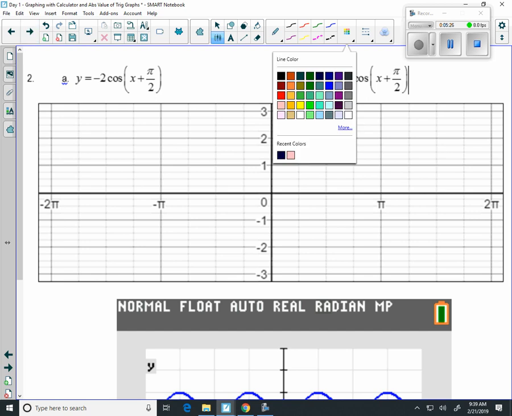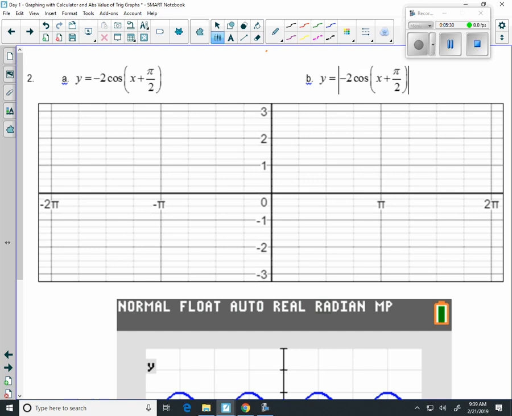Here we go. What transformations are happening here? Okay, right pi over 2. Left pi over 2, we're going to reflect over the x-axis. And we have an amplitude of 2.